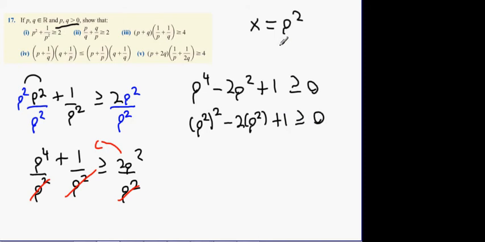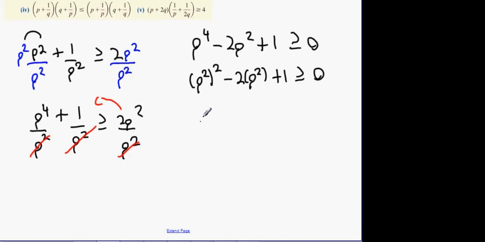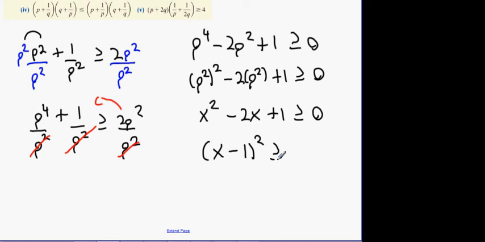Anywhere I see P squared, I'm going to replace it with x, okay? So I get x squared minus 2x plus 1. When I factorise that, I get x minus 1 squared greater than or equal to 0.